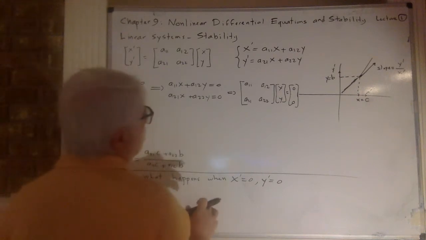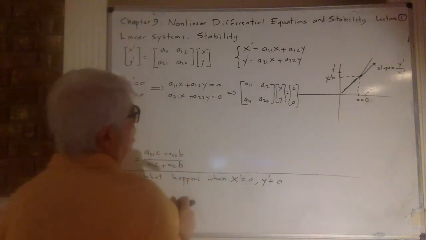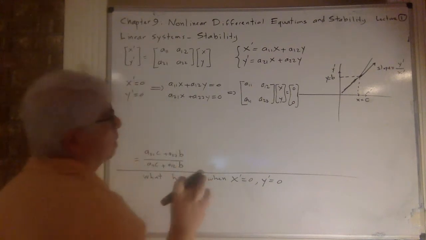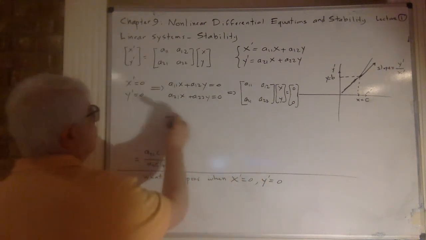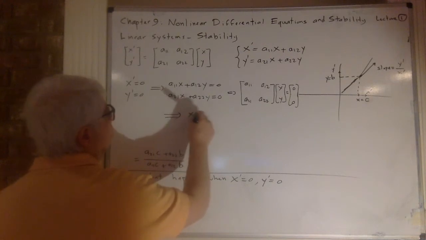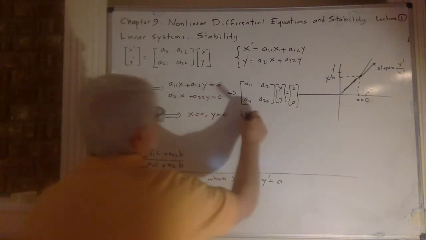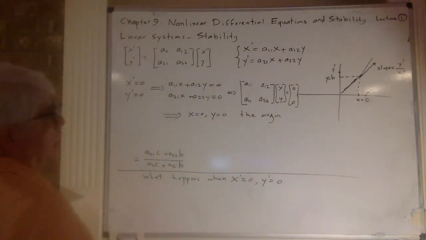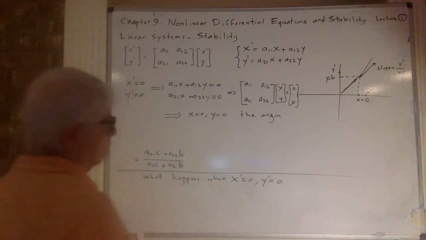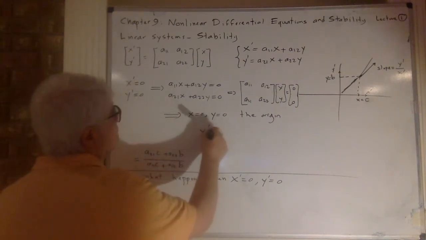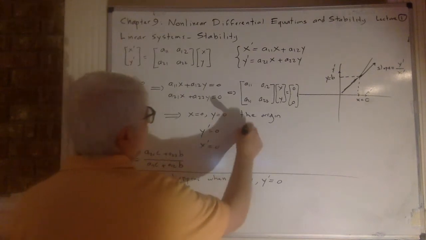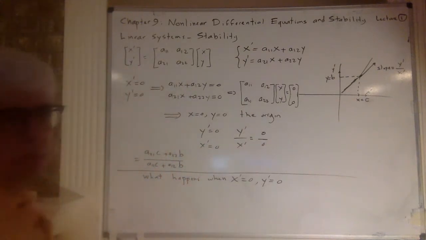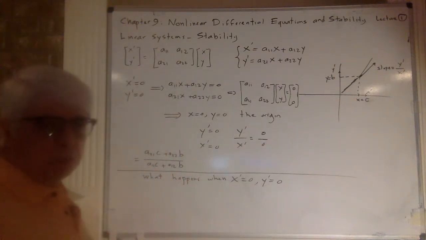Okay, so this gives me just one solution. If that happens, it has just one solution, and that is in fact point x0 and y0, which is the origin. Okay, so at the origin, y prime is 0, x prime is 0, so y prime over x prime is 0 over 0. Which means that it's basically undefined, because that can be just any number.